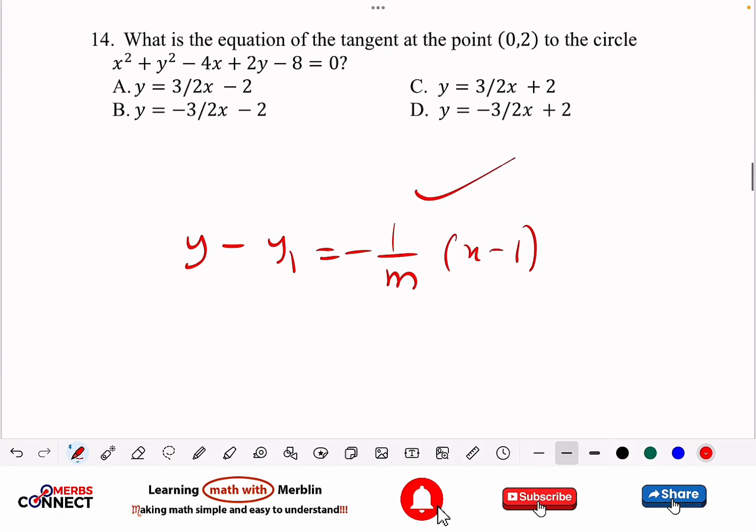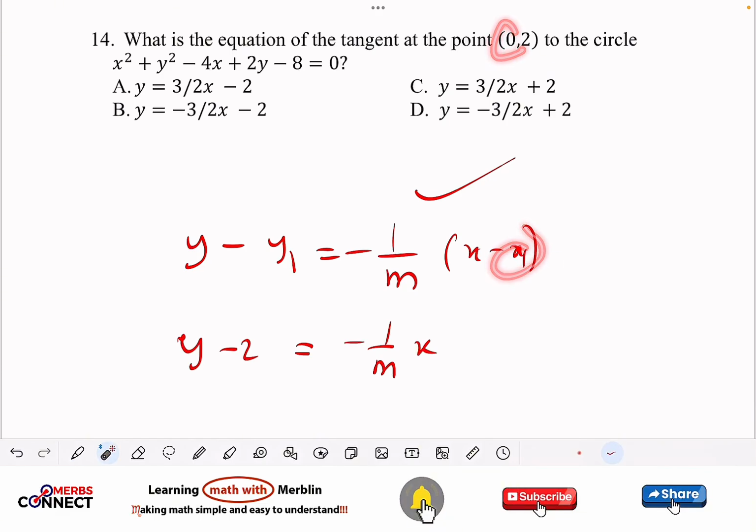So this is going to be y minus 2 is equal to minus 1 over m, x minus x1, because x1 is 0 from here. So just find the center, use the center and the point to find the slope, and then you'll be there.